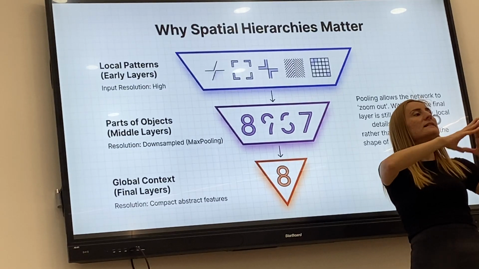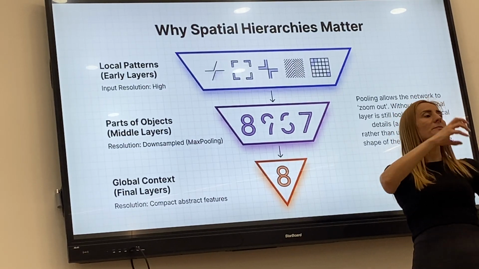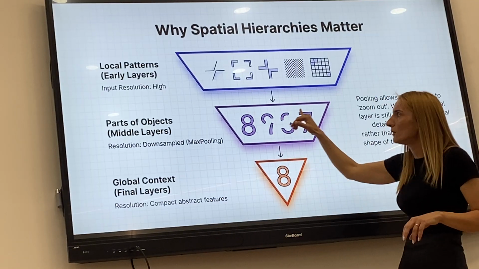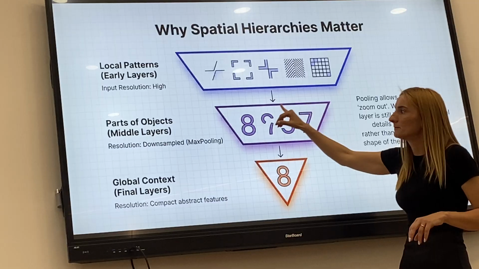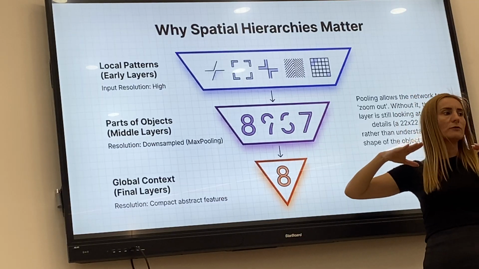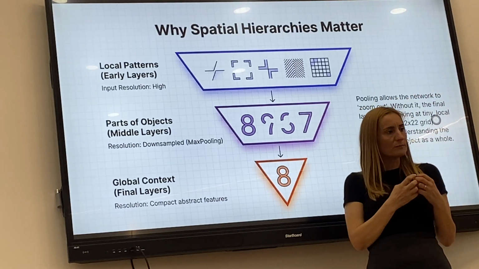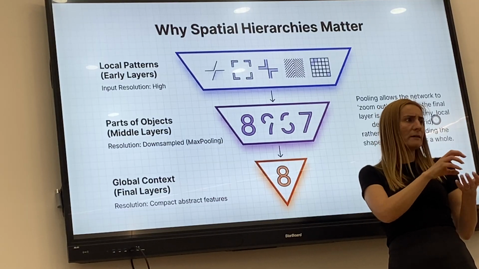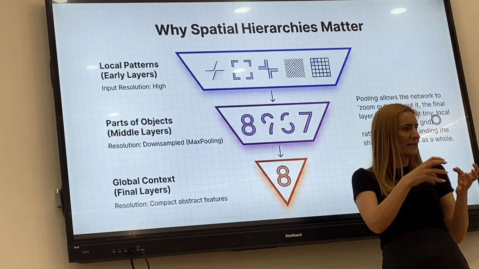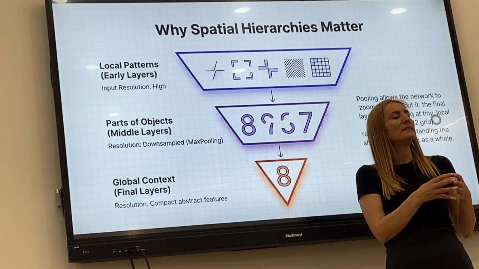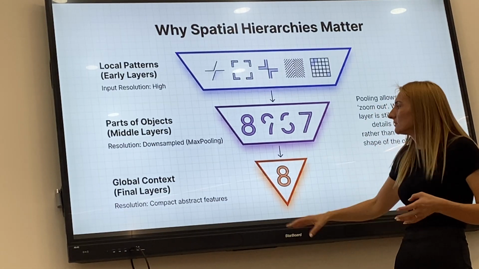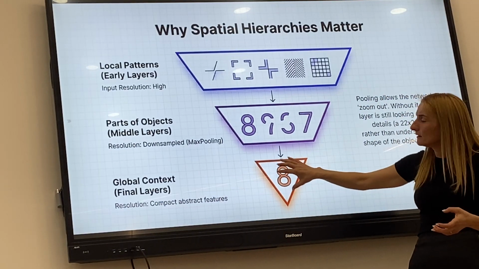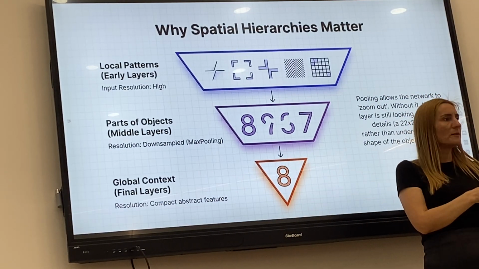These patterns will be combined in order to figure out more complex ones. By downsampling, we are not interested anymore in knowing exactly where the pixels are located, but we want to identify the object itself, and we end up with a global context in the final layer. So we are at a point where we have identified the main object.